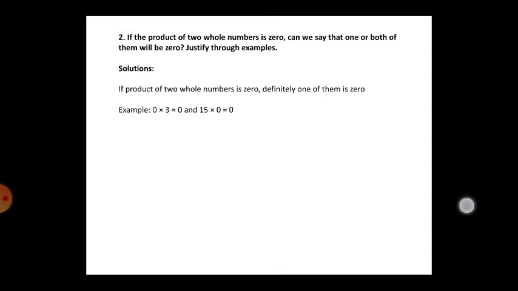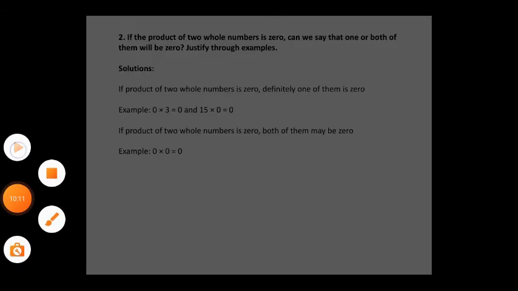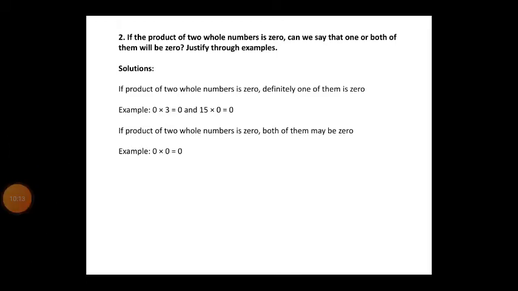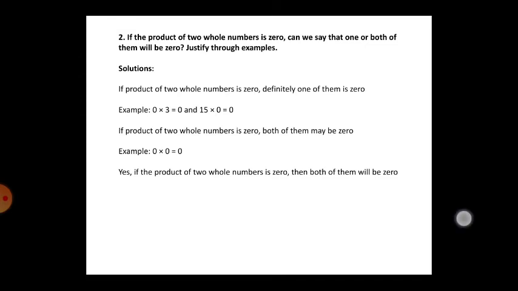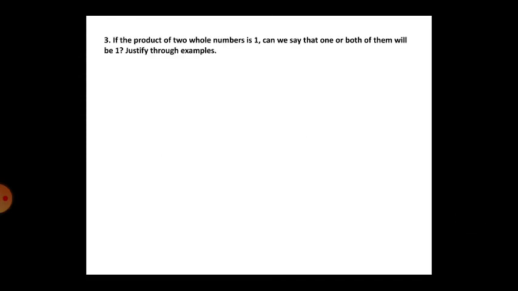Here one number is 0. 15 multiplied by 0, you will get 0 only. So one number is 0. Both of them may also be 0, and that is also 0. Hence, if the product of two whole numbers is 0, then one or both of them will be 0.